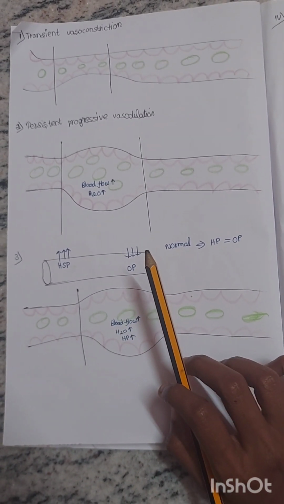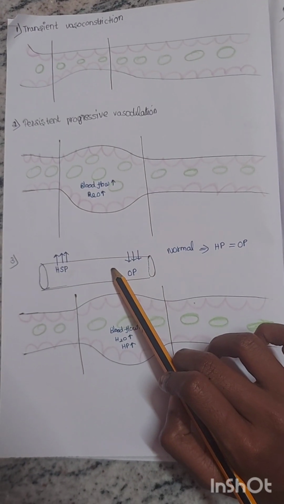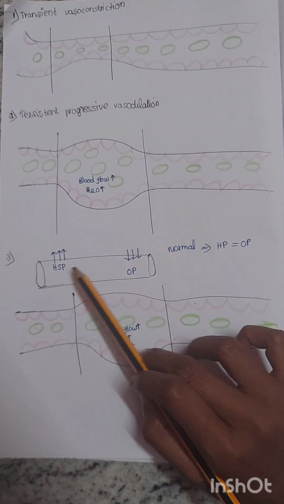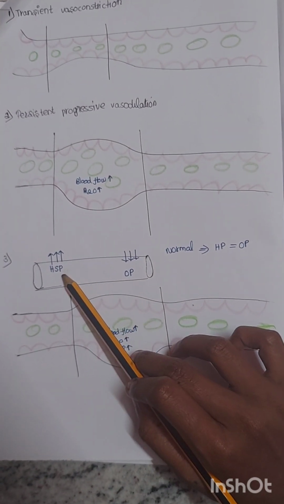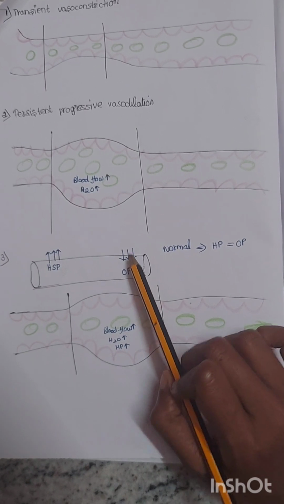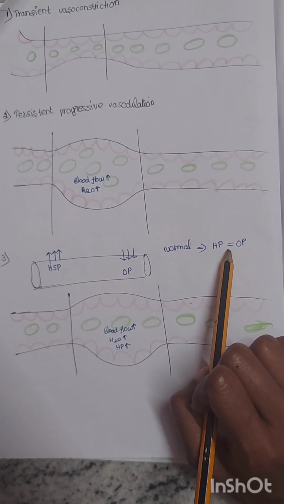Okay, before going to that, let me tell you, consider this as a blood vessel. I hope you all know that a blood vessel has two pressures. One is hydrostatic pressure, which is towards outwards, and another one is oncotic pressure, which is towards inside. Normally hydrostatic pressure is equal to oncotic pressure.